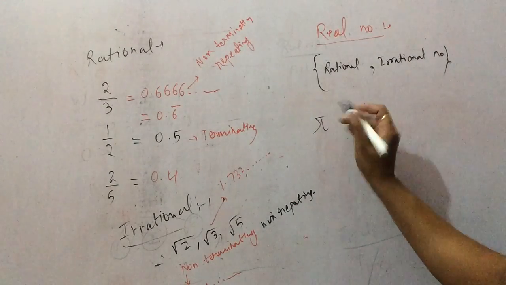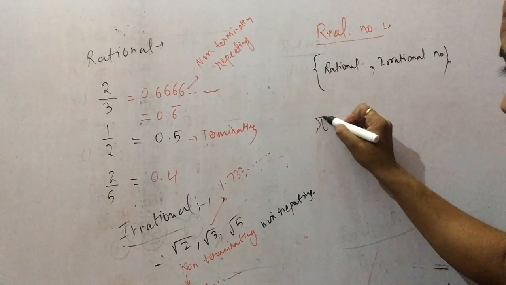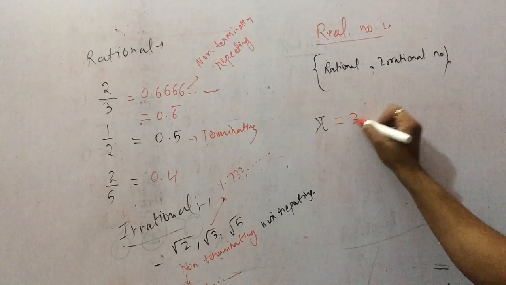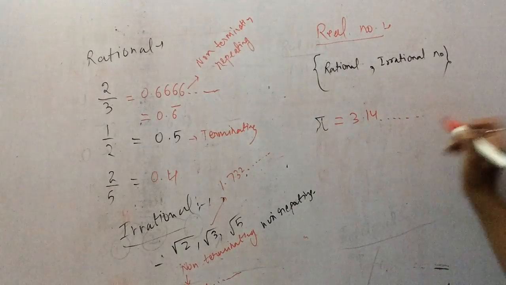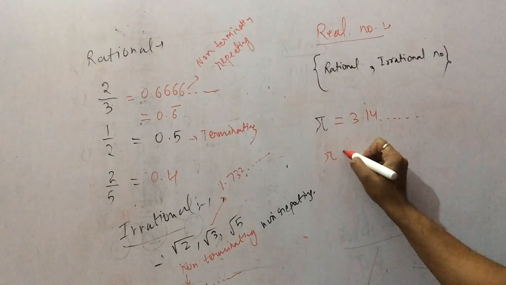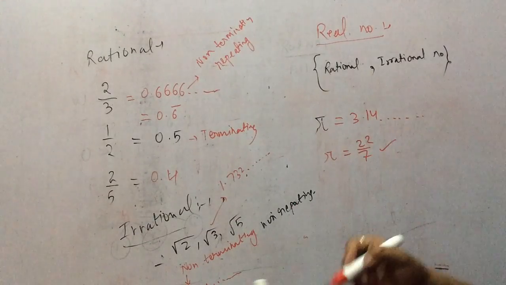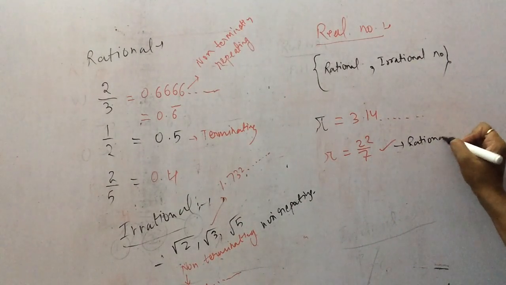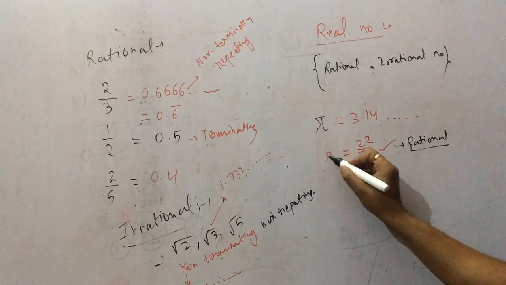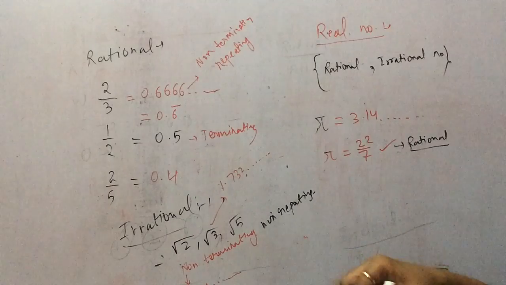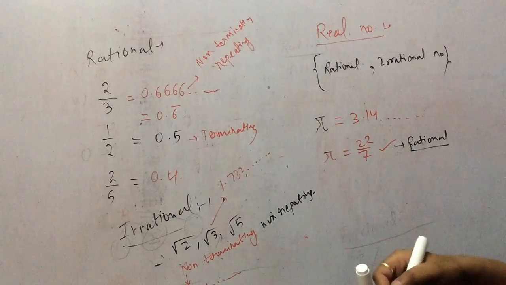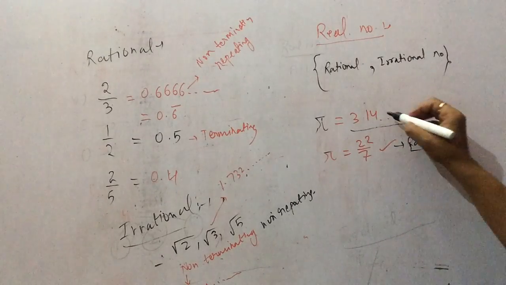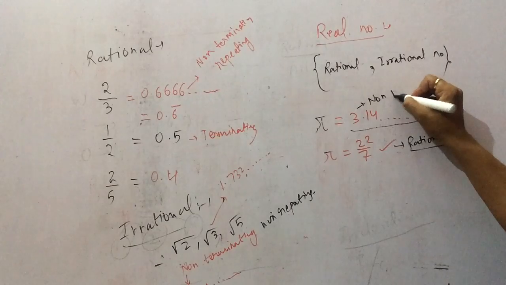What about pi? You know about this. Ramanujan, I think, gave millions of digits of its decimal expansion. You know that the value is 3.14 and so on. The value of pi is also taken as 22 by 7. When you consider 22 by 7 as the value of pi, it is actually a rational number, but it is not the exact value of pi. The actual decimal expansion of pi is 3.14, non-terminating, non-repeating.